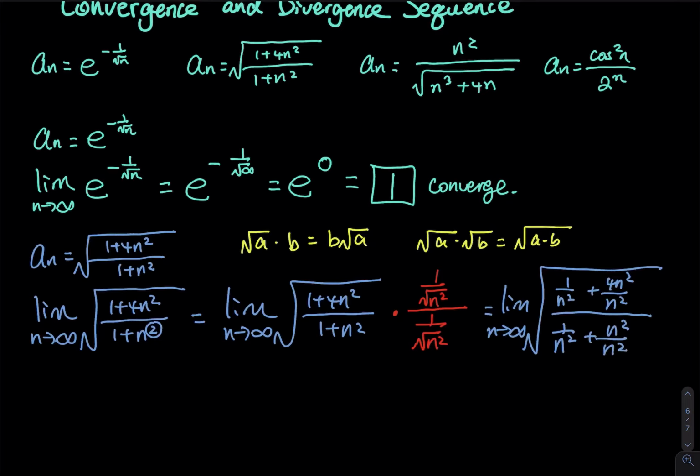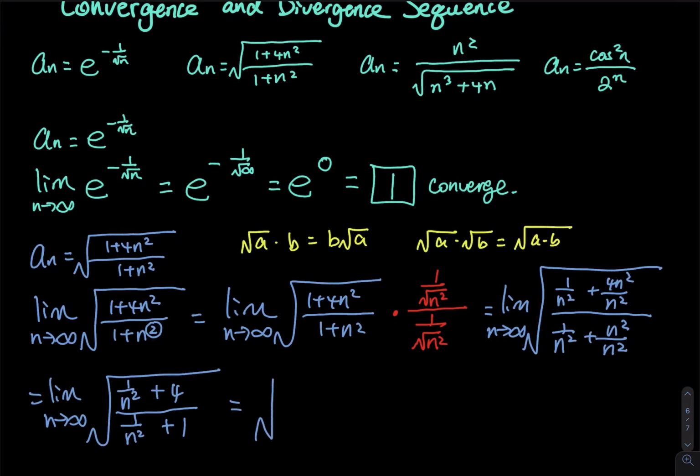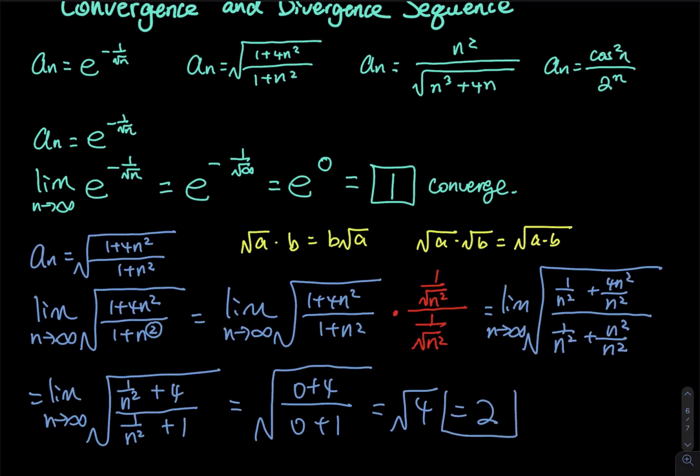So we have the limit as n approaches infinity of 1 divided by n squared plus 4, divided by 1 divided by n squared plus 1. As n approaches infinity, we have 0 plus 4 divided by 0 plus 1. So overall that equals the square root of 4, which equals 2. Since 2 is a real number, this sequence is convergent. So that is the second one.